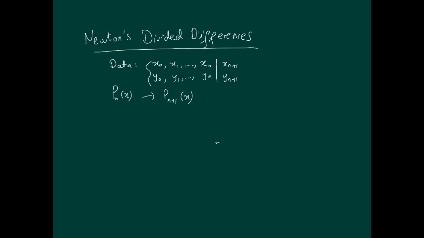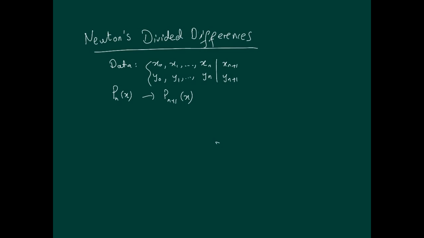So kind of an add-on. One extra data point means we can add on something to the previous polynomial approximation under interpolation to strengthen or make our polynomial approximation perhaps more accurate by including more data. So that's the idea and objective of Newton's divided differences.